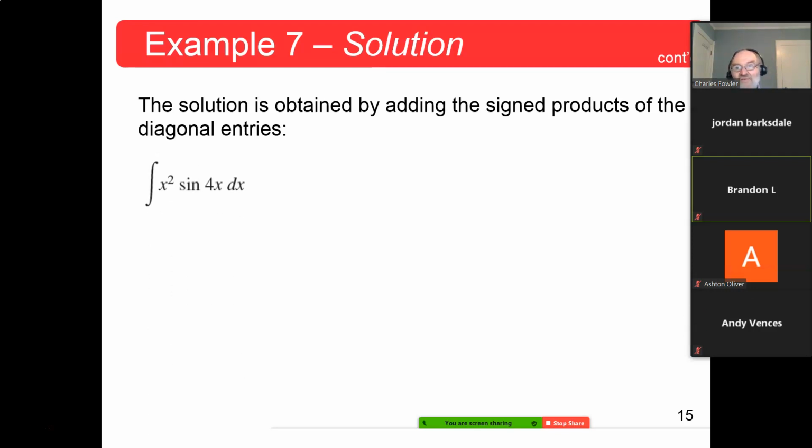So that one would give you the minus 1/4 x squared cosine 4x plus 1/8 x sine 4x plus 1/32 cosine 4x plus your constant c, if this was an indefinite integral or improper indefinite integral.